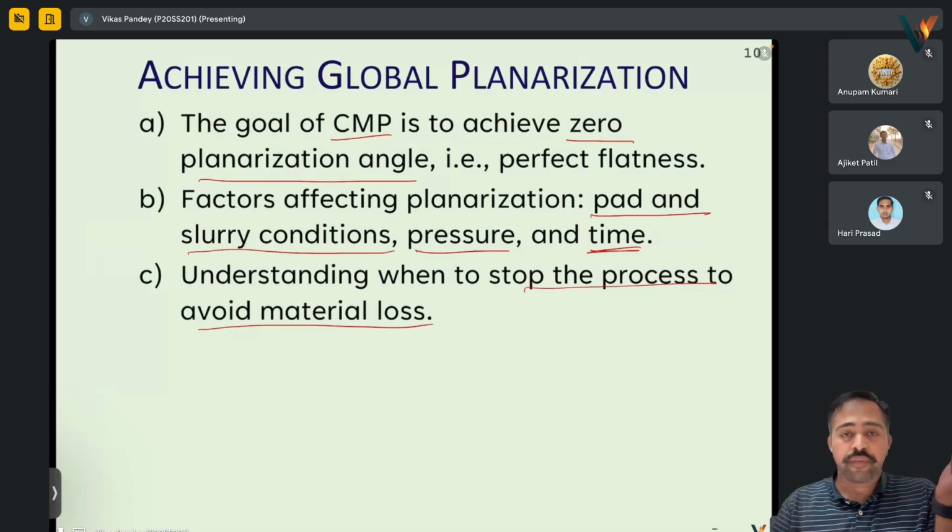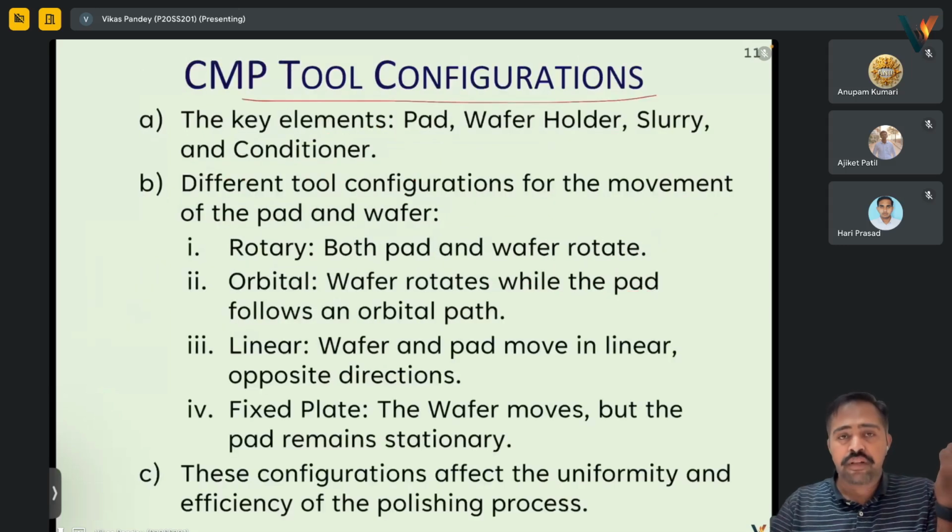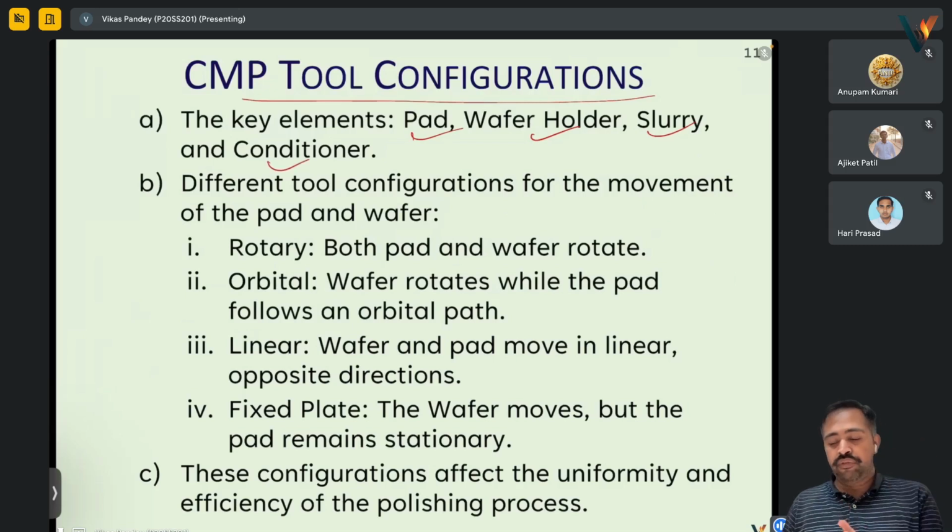So what is the configuration? Just like we saw in the image: pad, wafer holder, slurry, and conditioner. If we have a single wafer system, the wafer will be held on a holder. There can be different types of holders.